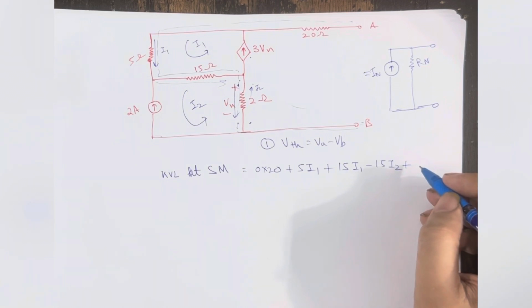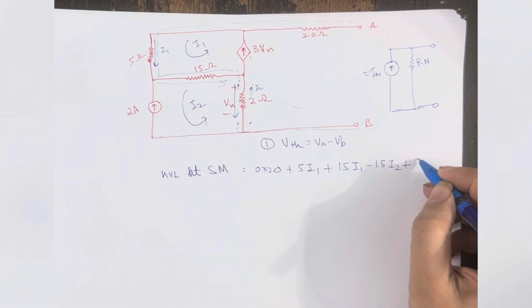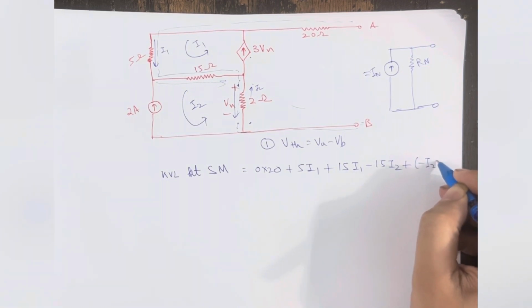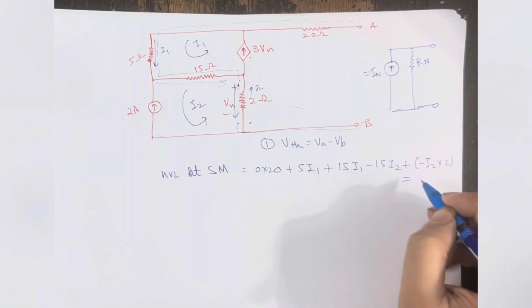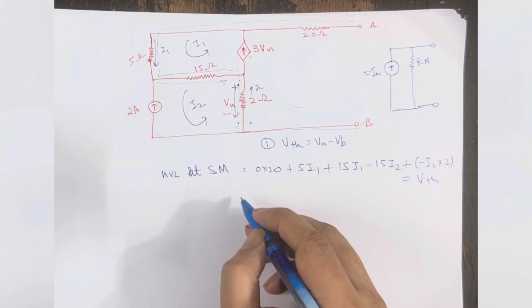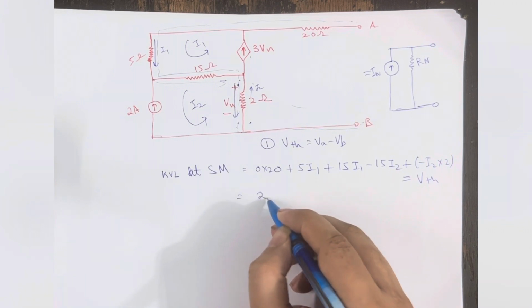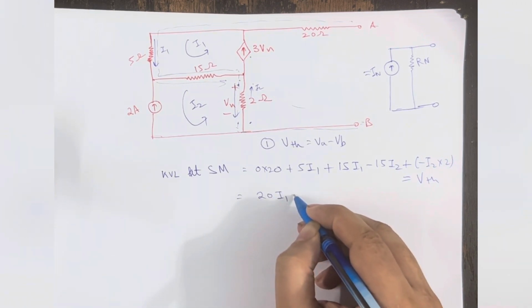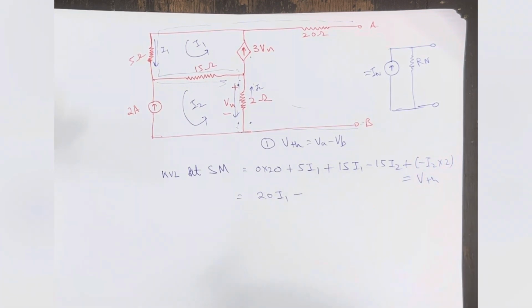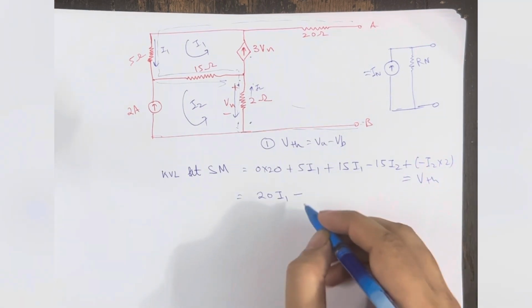So it will be minus I2 into 2, equal to VTH. Upon solving this, we will have 20 I1 minus 15 I2 minus 17 I2.